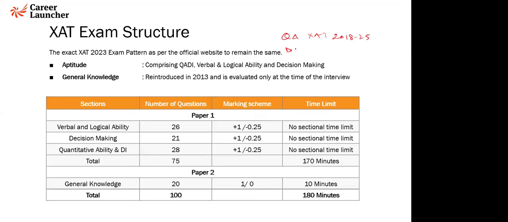As far as DM, verbal ability and logical reasoning are concerned, you should do XAT papers from 2008 to 25. And start parallelly. There's no hard and fast rule that you do mocks first and then PYQs, start both together, and things should be okay.